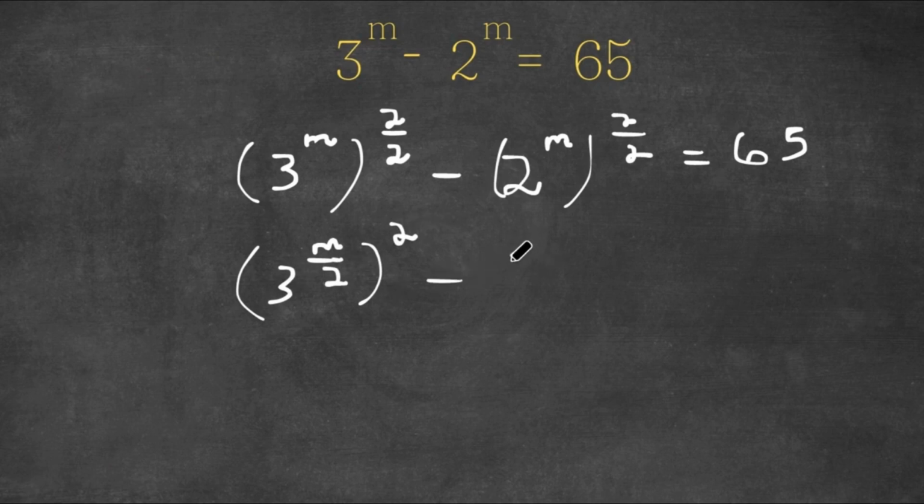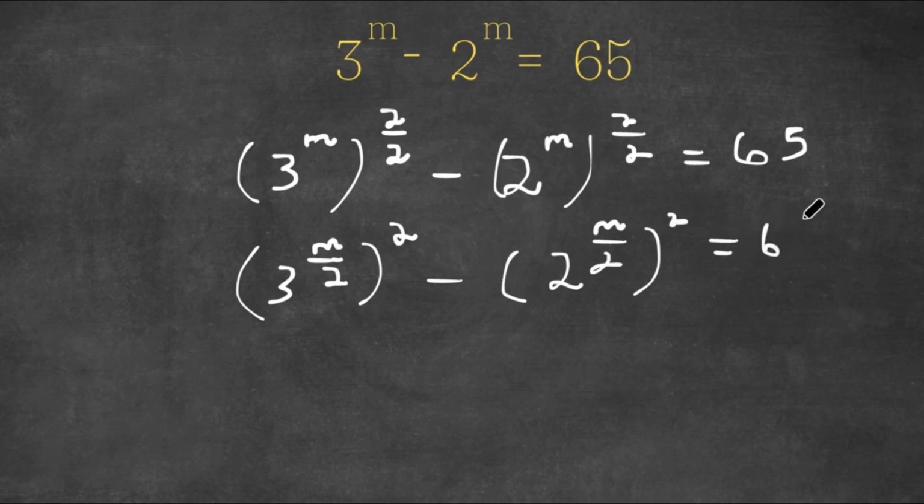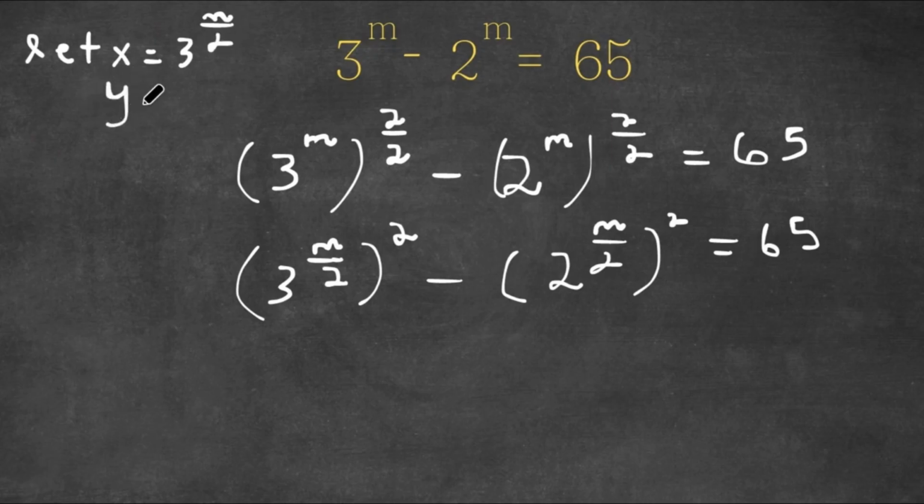And I'm subtracting this with the same thing over here, 2 to the power of m over 2 to the power of 2. Now I'm going to let the variable x equal 3 to the power of m over 2, and I'm going to let y equal 2 to the power of m over 2.